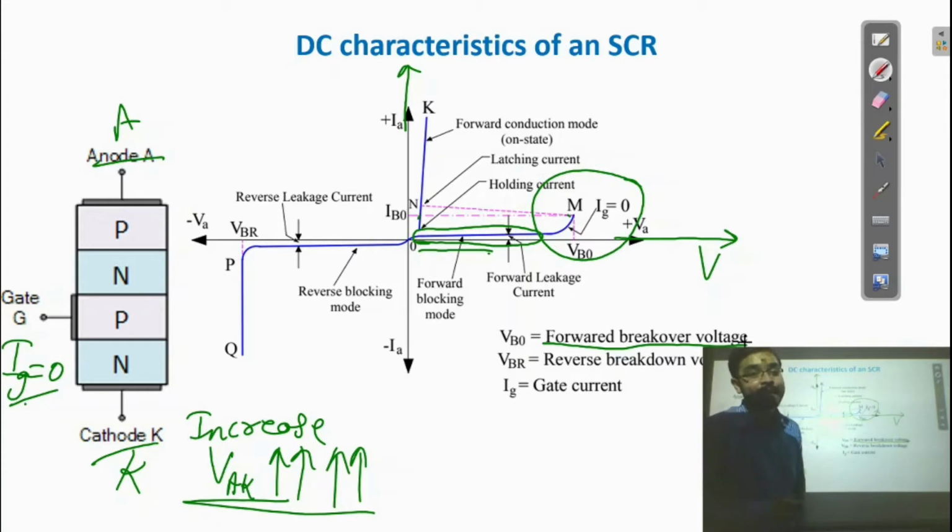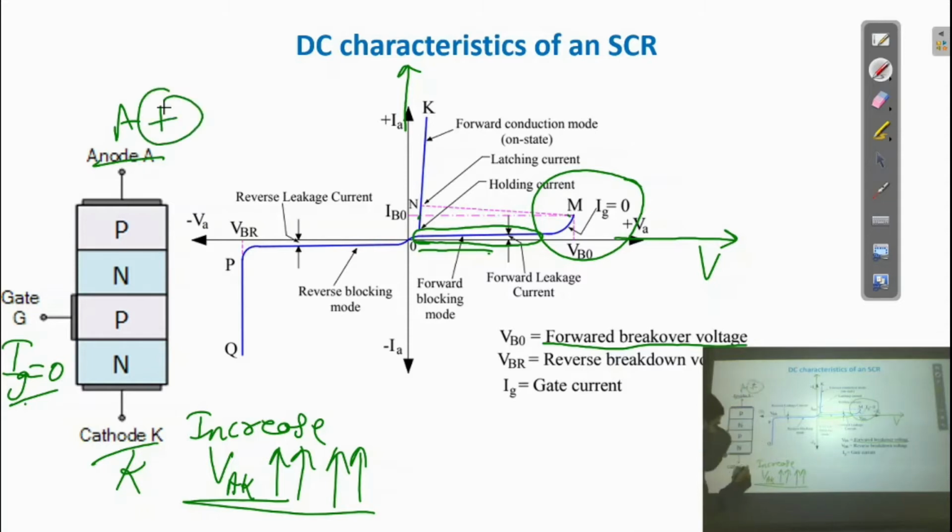What actually physically happens in the SCR at this VBO voltage, that is breakover voltage? Let us see. You can see this is P and N. As this is positive, this is negative, this is a PN junction. The P type is connected to positive, the N type will be negative.